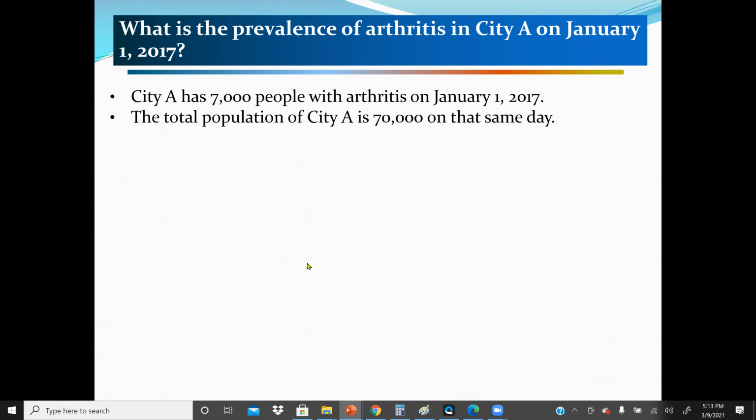Now we have an example here. What is the prevalence in city A on January 1st, 2017? City A has 7,000 people with arthritis on January 1st, 2017. The total population on the same day is 70,000.